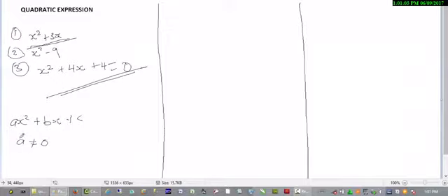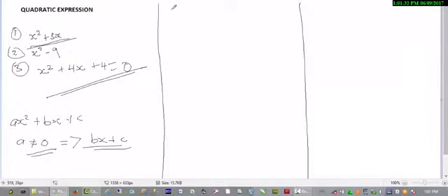Because we are dealing with quadratic, and if a becomes 0, 0 times x squared will give you 0, meaning that we eventually have bx plus c, which is a linear expression. So the criteria for a quadratic expression is that a must not be equals to 0, otherwise it is not a quadratic expression.